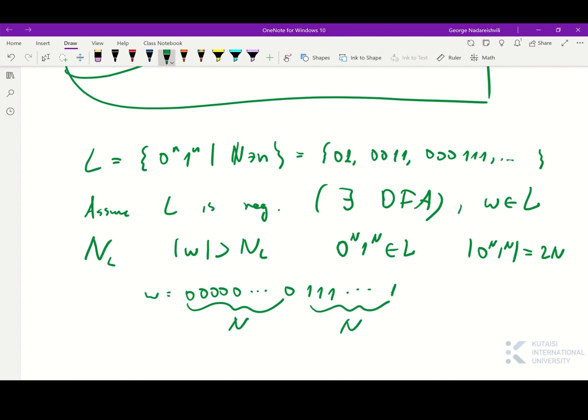Now what the pumping lemma tells me is I can break it into 3 parts. So maybe this is part 1, whatever this is, maybe this is part 2, and this is part 3. I don't remember what the letters were. I think this was U, this was V, and this was, I don't know, X. So it breaks into 3 parts.